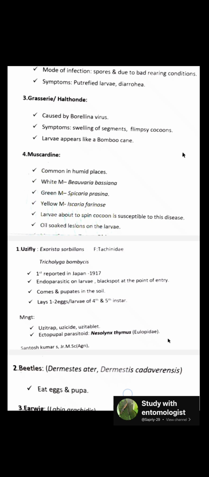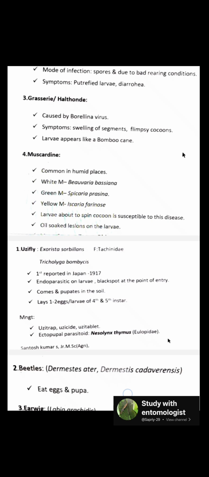It is an endoparasite on larva, and we can observe it at the point of entry into the larval body, where there will be a black spot. Then it comes out and pupates in soil, laying 1 to 2 eggs on larvae, mostly affecting the 4th and 5th instar. Management: Uzi trap, Uzi site, and Uzi tablet are available in the market.